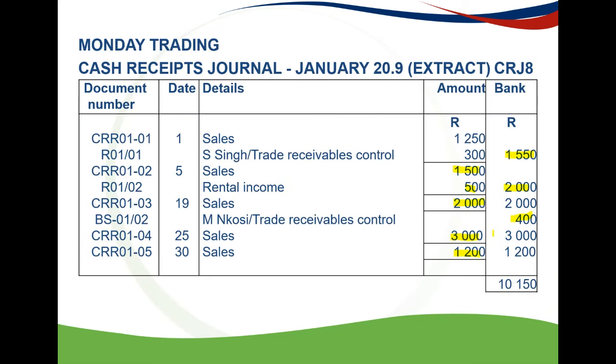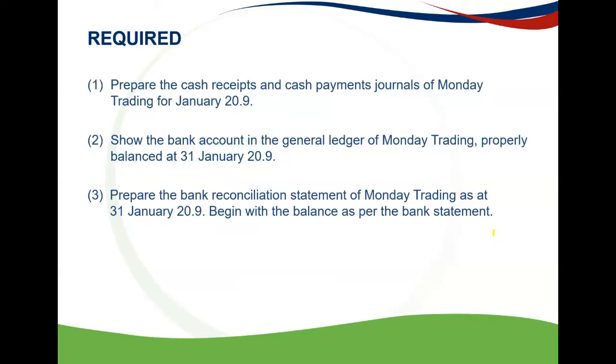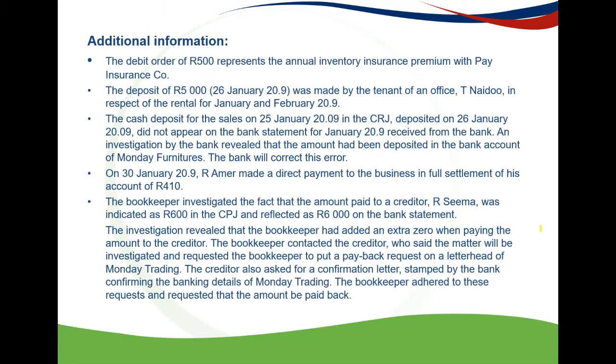Okay. When we look at our additional information, it said that the deposit of 5,000 was made by the tenant of an office in respect of rental for January and February 20.9. Then we also had here the cash deposit on the term deposited on 26 did not appear on the bank statement.